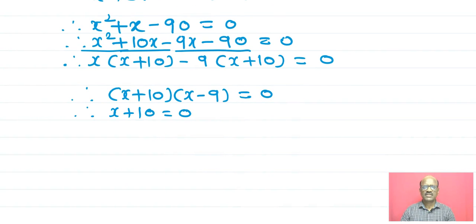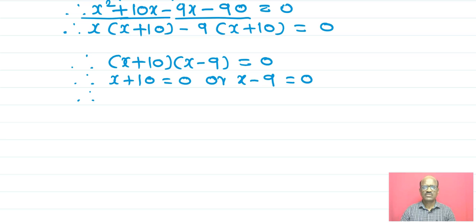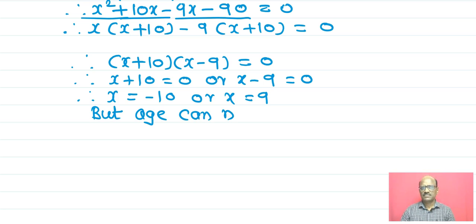Therefore, x plus 10 equals 0 or x minus 9 equals 0. And therefore, x equals minus 10 or x equals 9. Therefore, Pragati's present age is 9 years. x equals minus 10 is not possible, that is, the age cannot be negative.